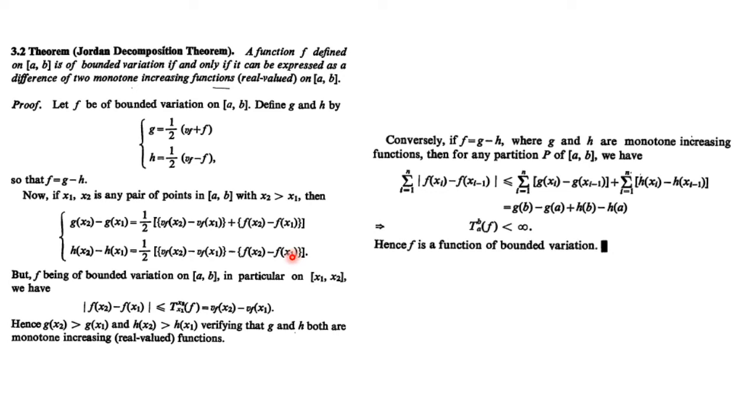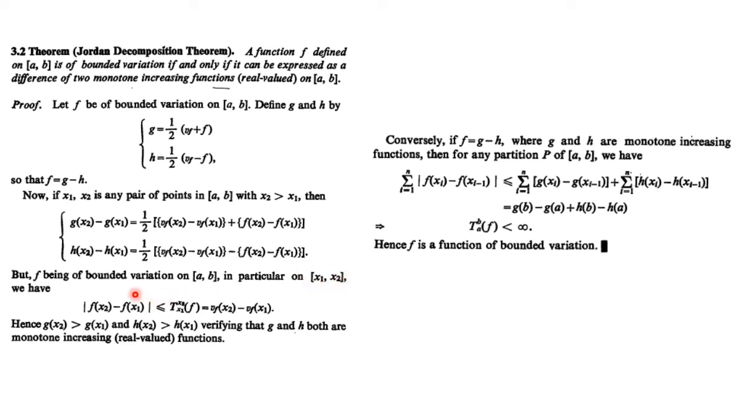Now further, it is given that our f is a function of bounded variation. So we consider the modulus of f(x2) minus f(x1). Since our function is of bounded variation on the closed interval [a, b], it is also of bounded variation on the interval [x1, x2]. So in particular we can consider this small interval [x1, x2].